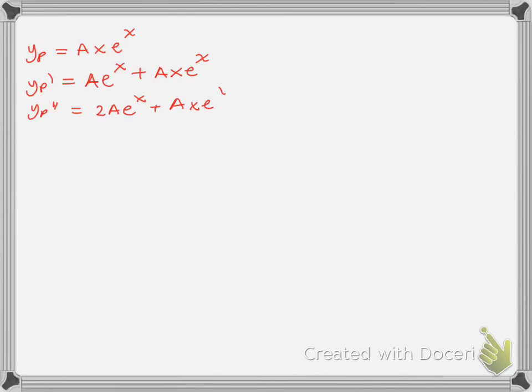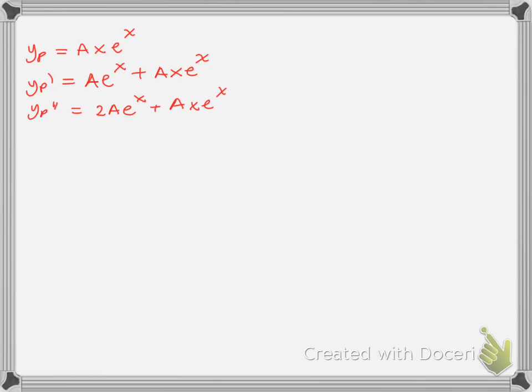So y_p equals A x e to the x. And so y_p prime equals A e to the x, the derivative of the first times the second, plus the derivative of the second times the first. And then y_p double prime, go ahead and double check this. Once simplified, you should get 2A e to the x plus A x e to the x.